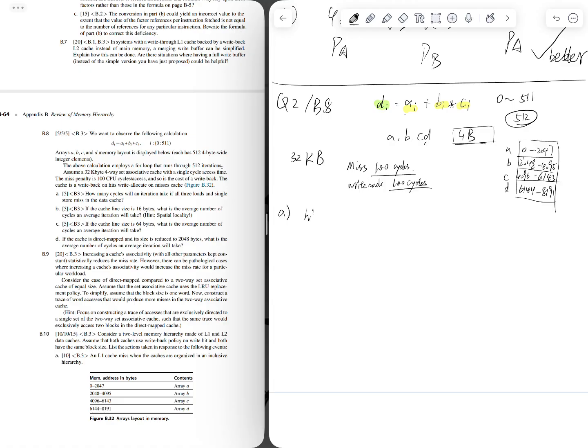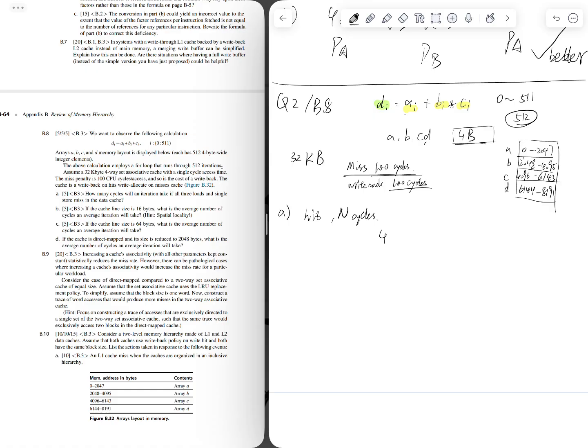If we hit, we take n cycles. If we miss, we take 100 cycles.